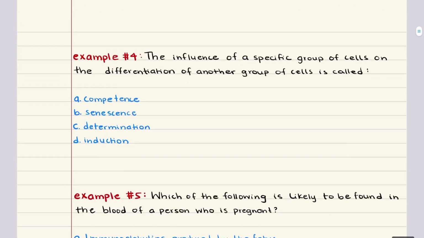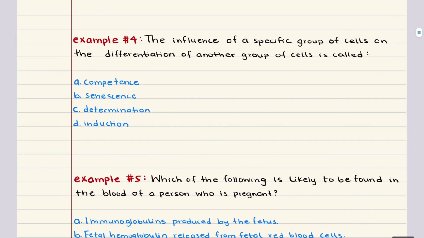Problem 4 says, the influence of a specific group of cells on the differentiation of another group of cells is called blank. Induction refers to the process by which one group of cells influences the fate of another group of cells, often through signaling molecules or direct contact. Now, this is a foundational concept in embryology because it's how complex tissues and organs begin to form in a coordinated way.